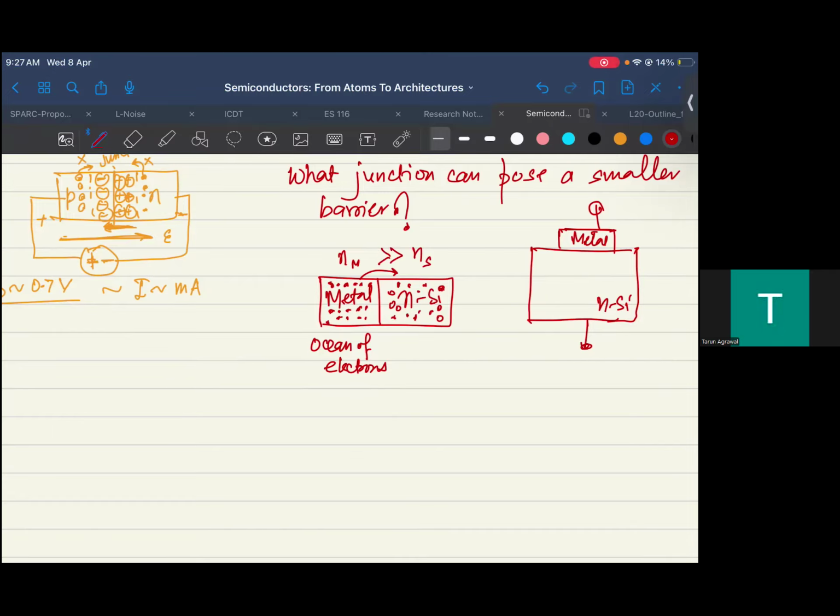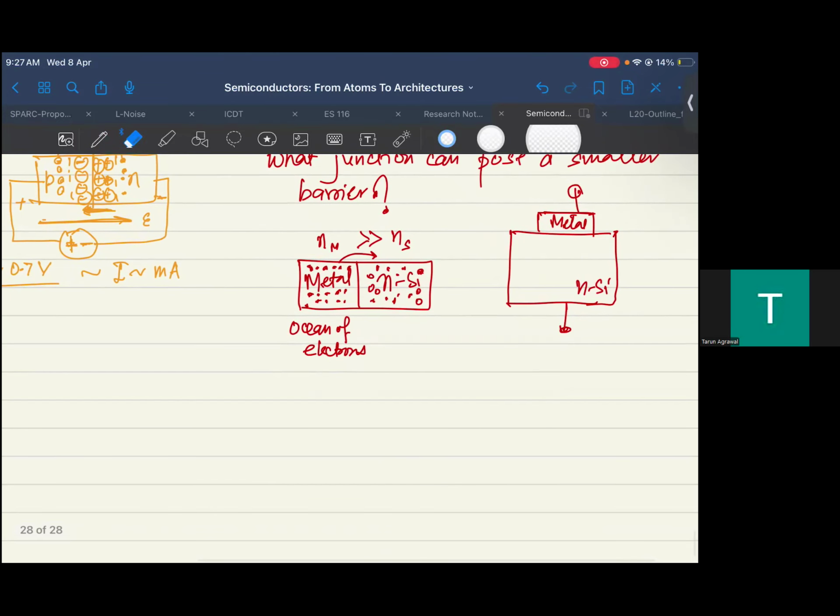And now the question is, when is it happening? When is it not? Because it brings up one more thing with this junction, which is that now we have changed the material. Material means this metal and semiconductor are two different materials, right?